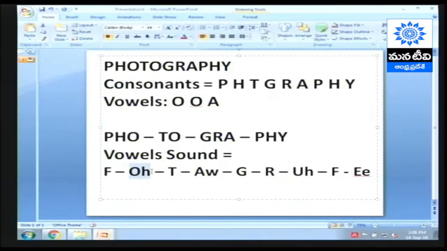So, how many vowel sounds do I have? 1, 2, 3 and 4. So, photography. Please remember, this is where most of us make mistakes. Vowel sounds are equivalent to the number of syllables. So, we have 1, 2, 3, 4. Photography.